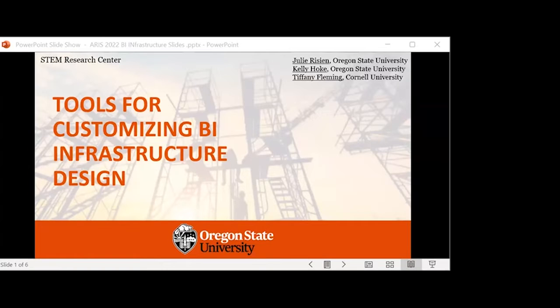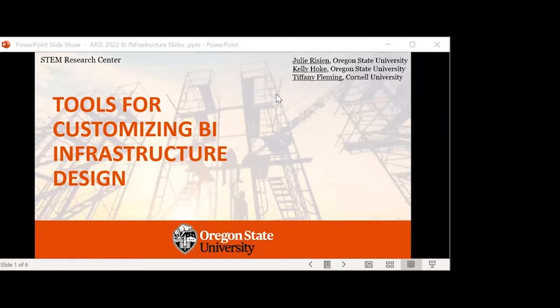So first of all, this is just one to remind me that the tools for customizing broader impacts infrastructure design are ones that are empirically based off of some research that I've done with NABI, ARIS, and the Broader Impacts Design Project, which I'll talk about a little bit more. Again, I'm Julie Risien from Oregon State University.